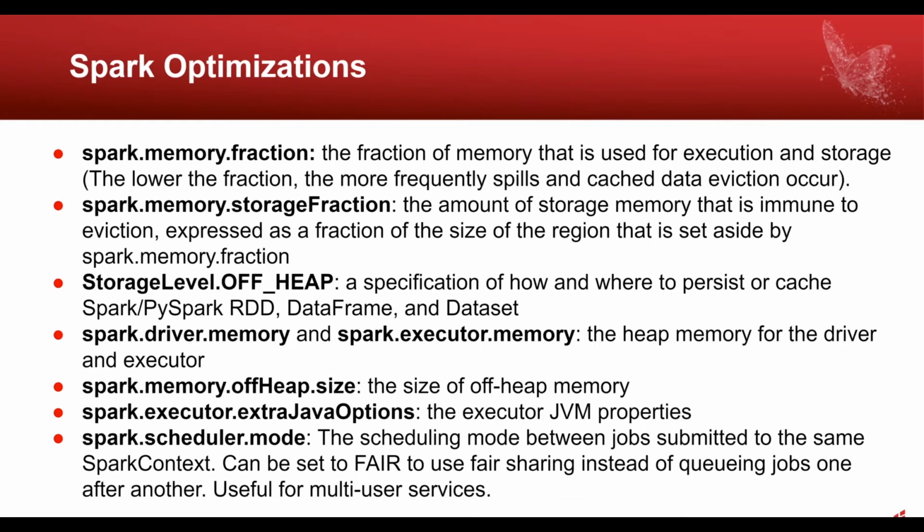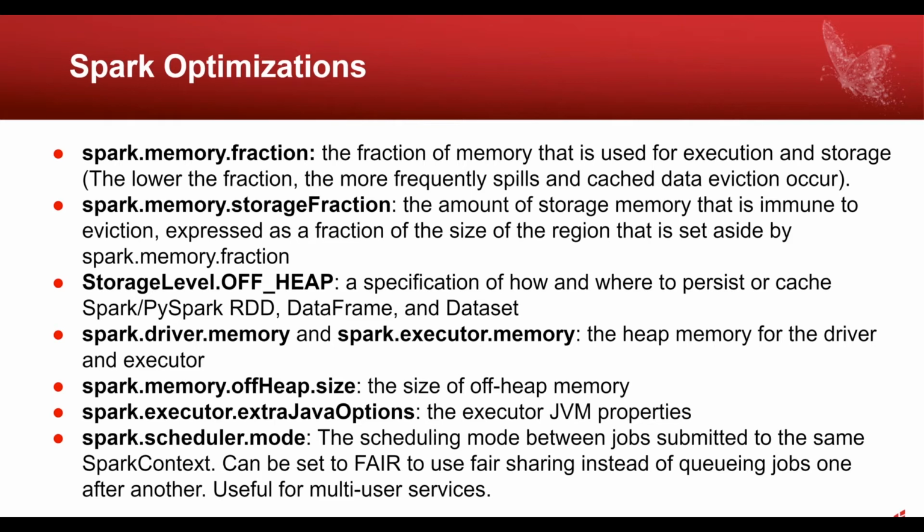And the next property is pretty important. If you are going to run some calculations, you probably need to configure your garbage collector. Using this property, you can provide different properties for GC, for example, and it will be used by the executor.